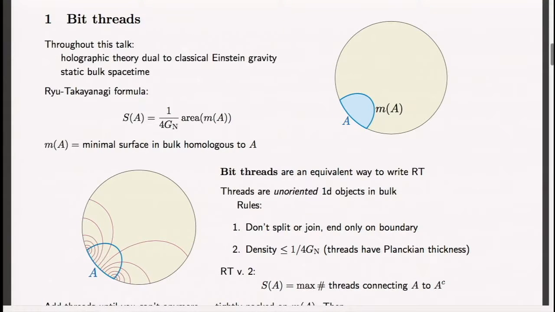If you make the second rule more complicated so that the bound on the density depends on what the threads are doing, then you can reproduce those corrections. Okay, I think we should move on to the next talk. But thank you.